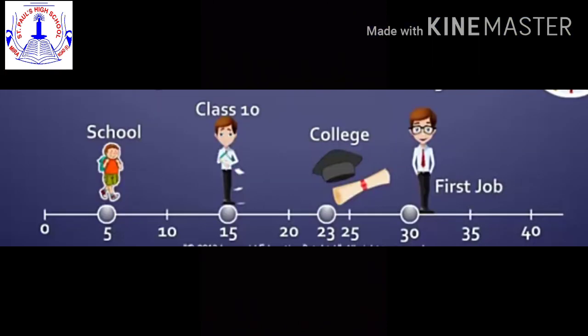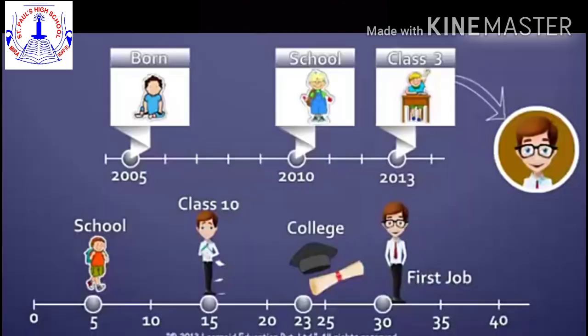He went to school at the age of 5 years. He passed class 10 at the age of 15 years. He passed college at the age of 23 years. He got first job at 30 years age. This is Rohan's father's timeline.